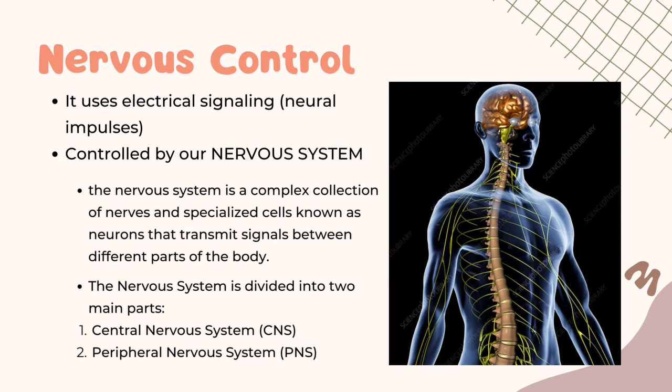functions. Okay, so the basic unit of the nervous system is a nerve cell called the neuron. The neuron is responsible for transmitting all of the electrical signals throughout the body in order for us to have a response to specific stimuli. So with that, what is a neuron?